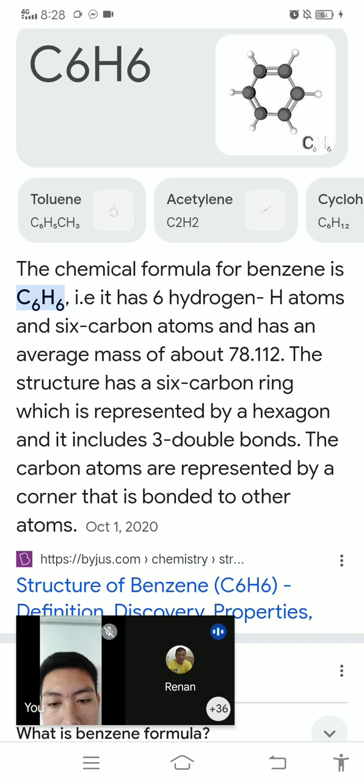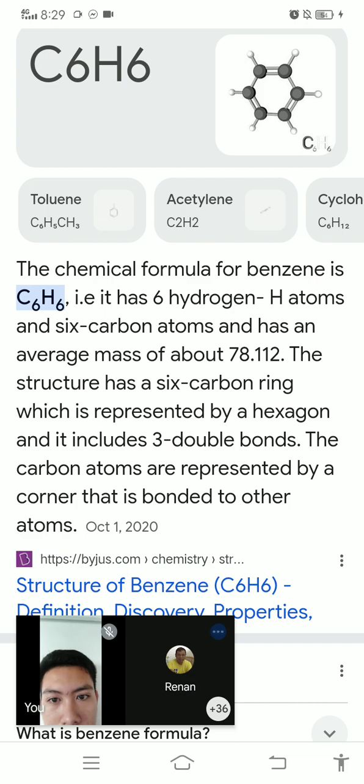How do you write benzene? Anyone who can describe? So you form a hexagon, correct? And then, is that enough?